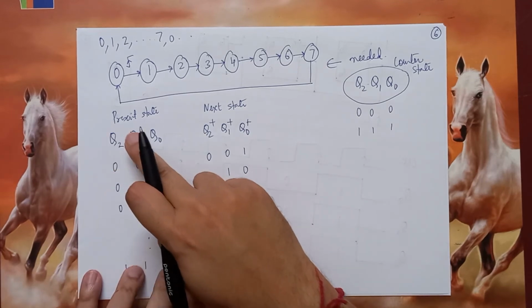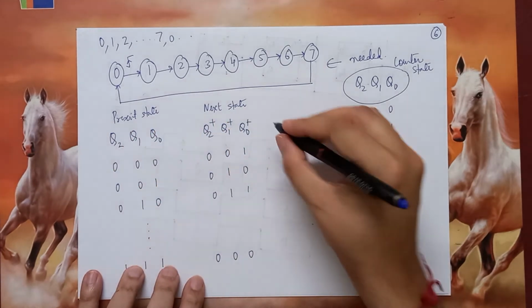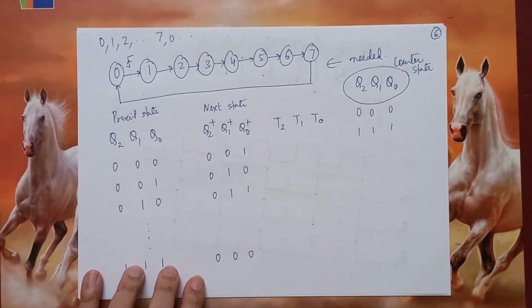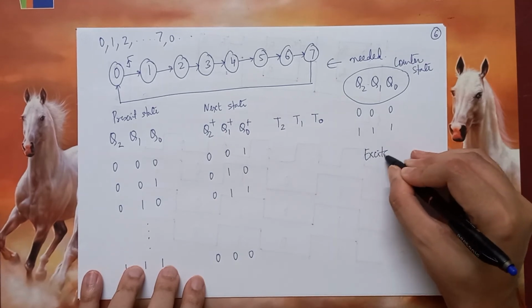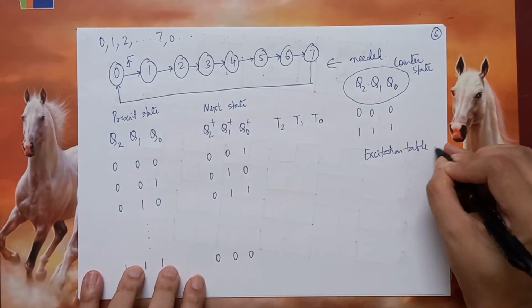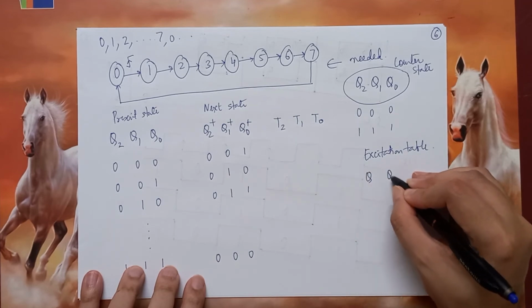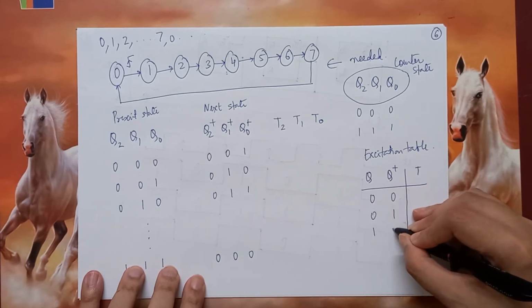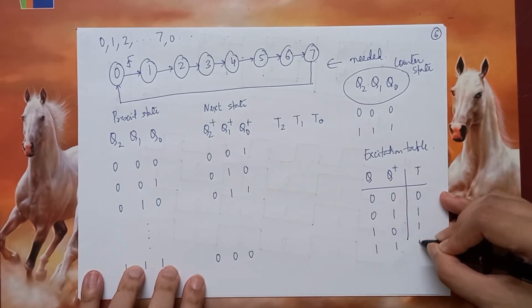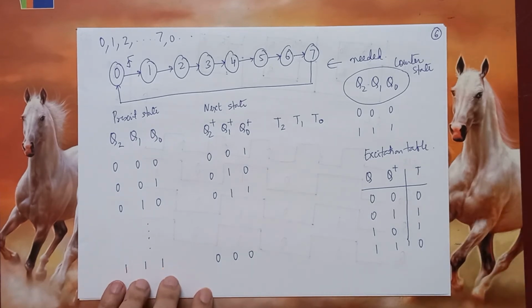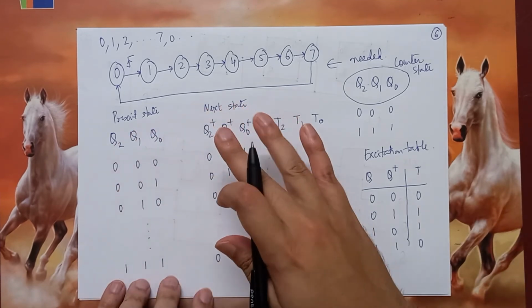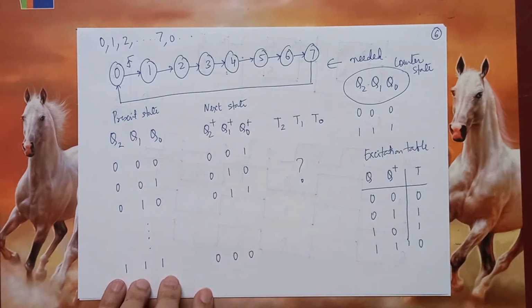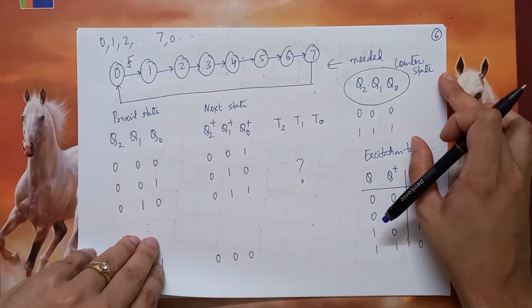So therefore, corresponding to each and every Q, we can provide some values of T, that is T2, T1 and T0, corresponding to the excitation table. So the excitation table of the T flip-flop looks like this: Q and Q plus and T. We had already derived it. This is what it looks like. So looking at each Q, we have to fill what is the values of T2, T1 and T0. So therefore, let us see how this works.